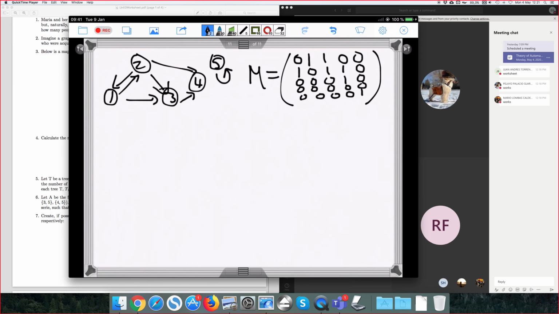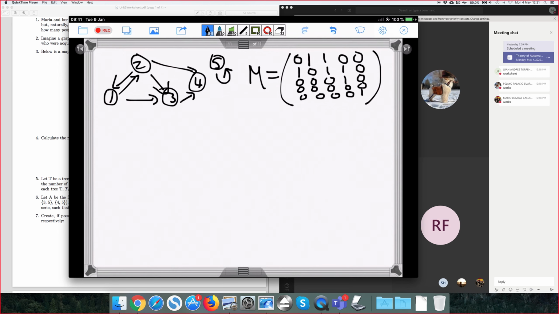But here, since this is directed, each arrow corresponds exactly to 1 one in the matrix. So I have 7 edges, 7 ones. So this is a way of checking whether I'm missing something.